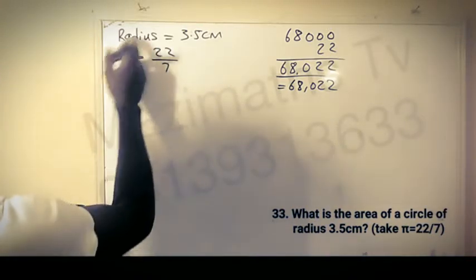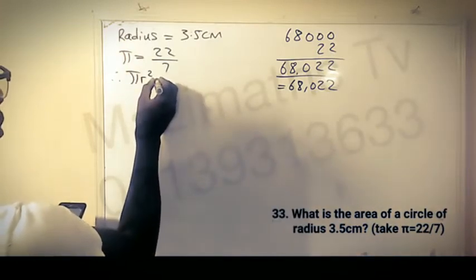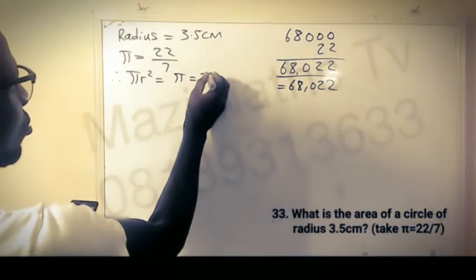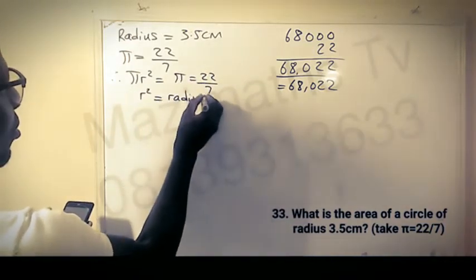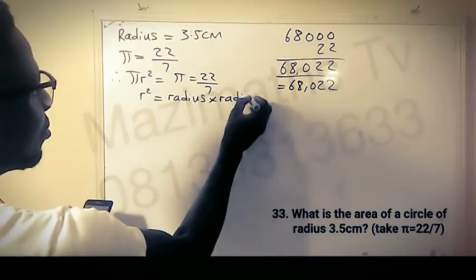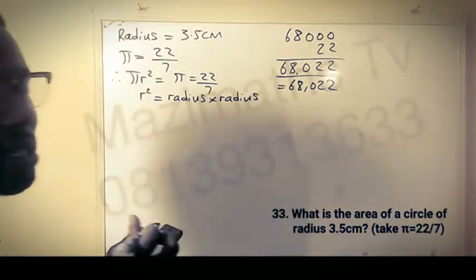So the formula for finding the area of a circle is pi r squared. You know that pi is 22/7 and r squared is radius times radius. R means radius. This square means you multiply the radius 2 times.